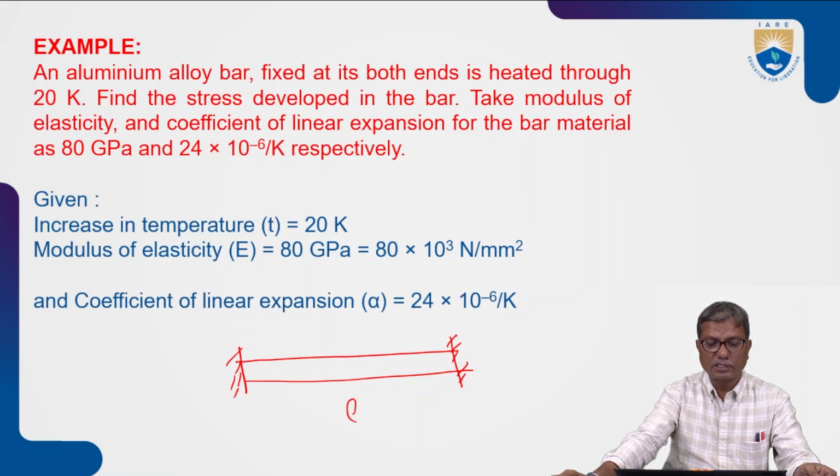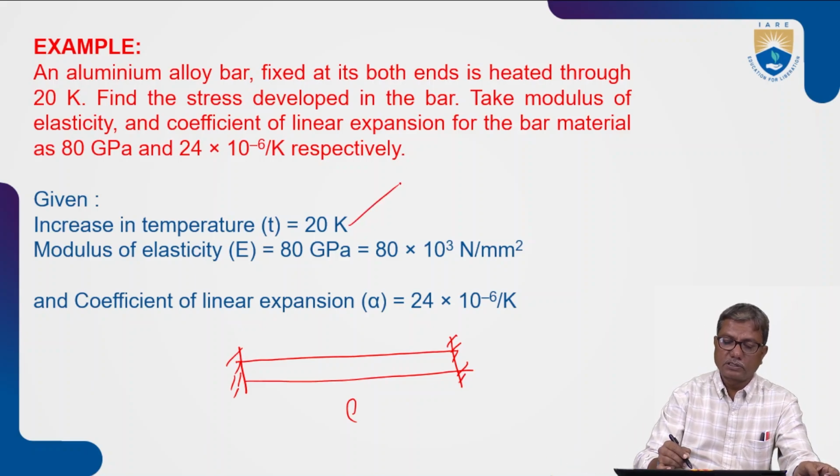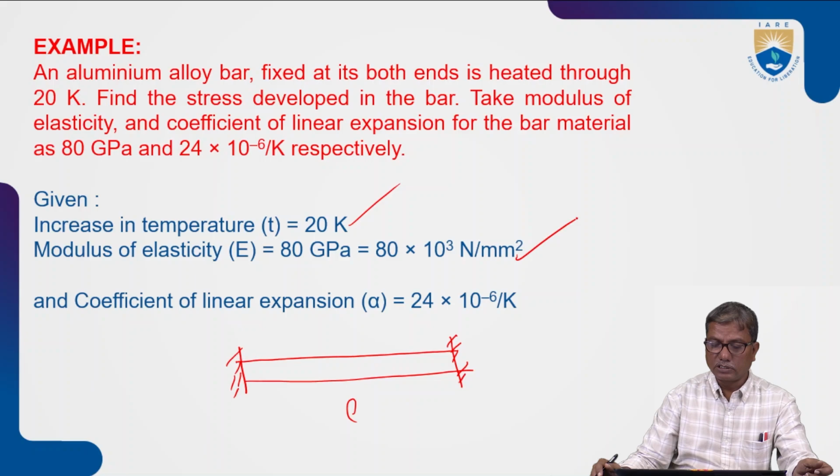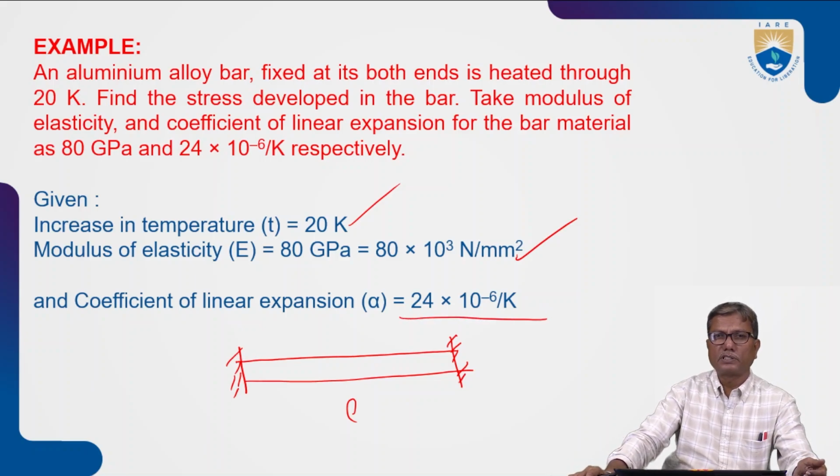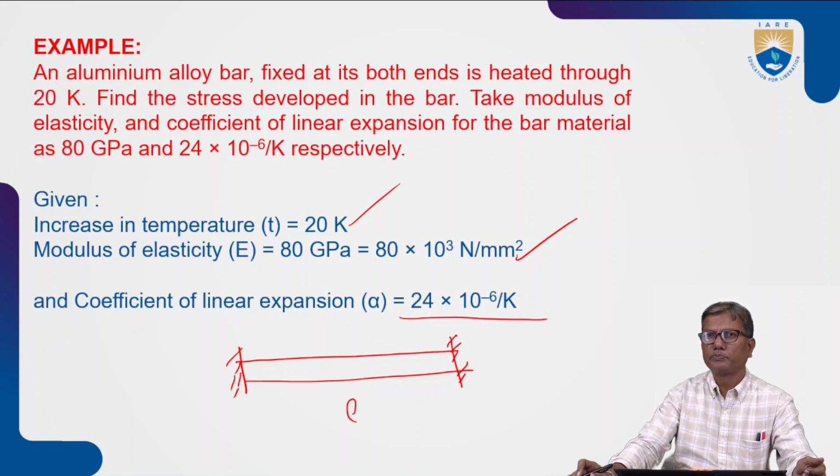Take modulus of elasticity and coefficient of linear expansion for the bar material as 80 gigapascals and 24 into 10 power minus 6 per degree Kelvin. So here rise in temperature, Young's modulus are given, and the coefficient of linear expansion also is given for the material of the bar.